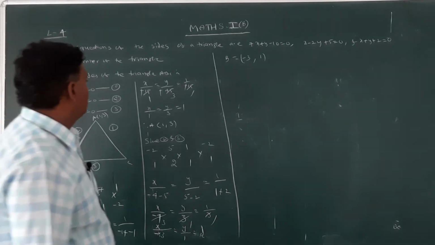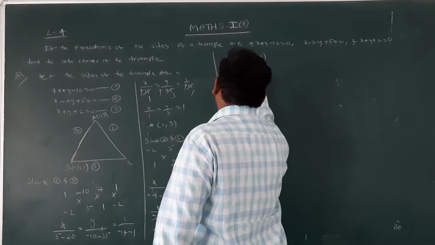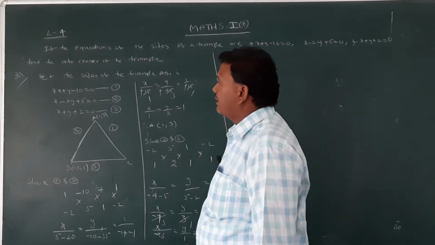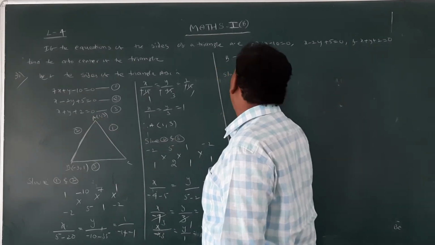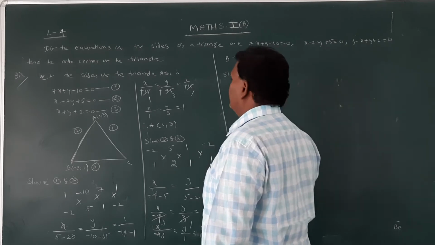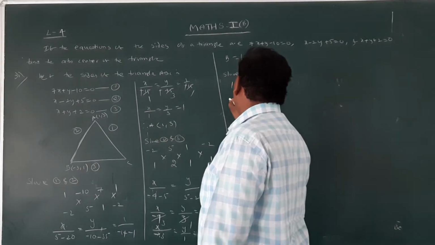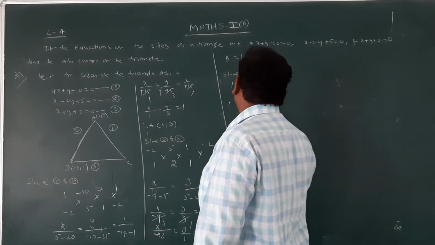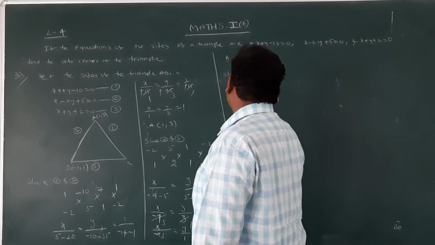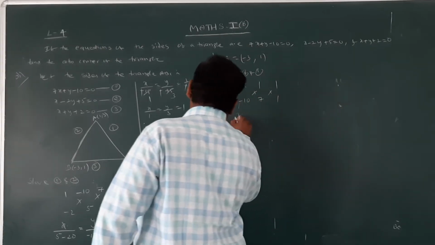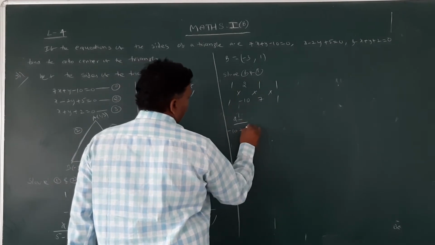Okay. Next, solve 3 and 1. The third equation: x coefficient is 1, y coefficient is 1, constant is 2. The first equation: x coefficient is 7, y coefficient is 1, constant is minus 10. X by 1 into minus 10 minus 1 into 2, minus 12.